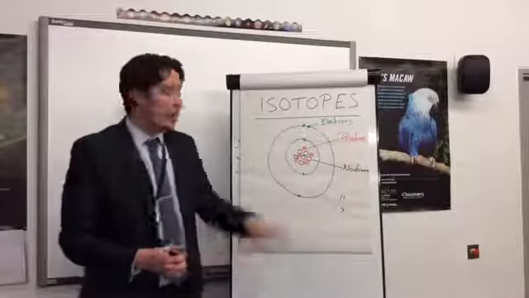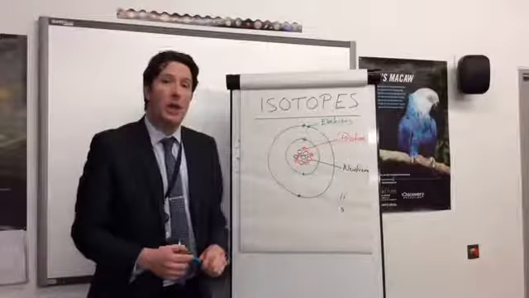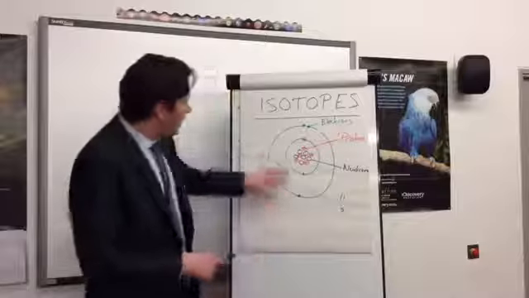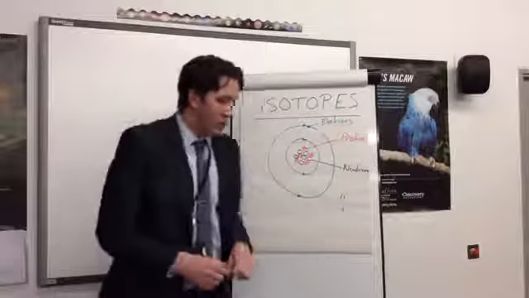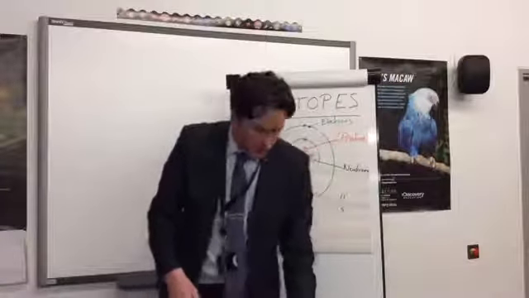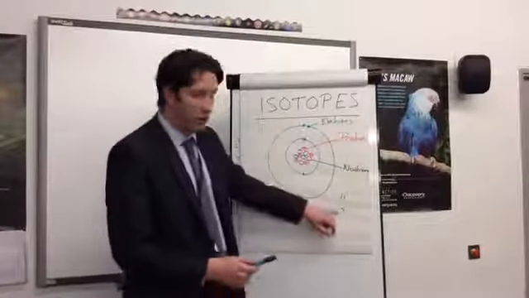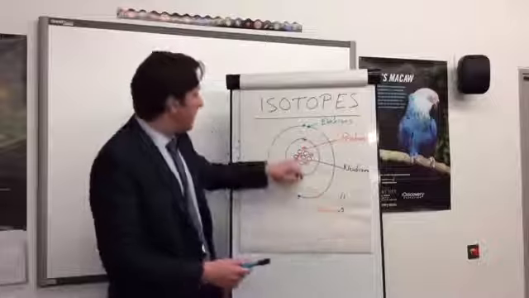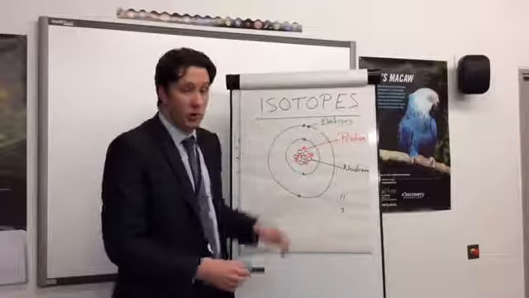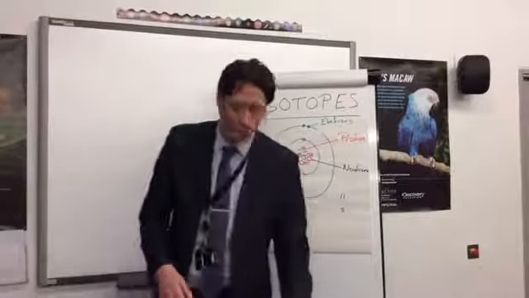We could tell what element that would be by looking at a periodic table. What is an isotope? An isotope is an element with the same number of protons but a different number of neutrons, so it would have a different number of neutrons to this.